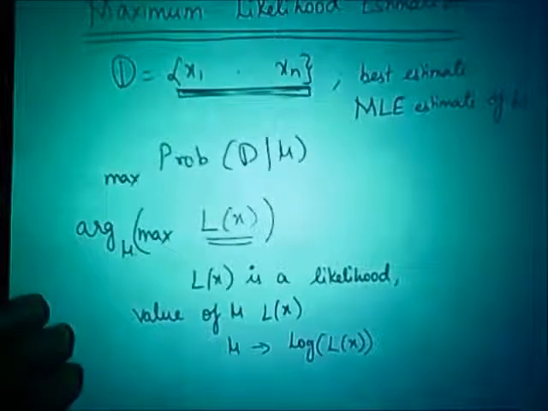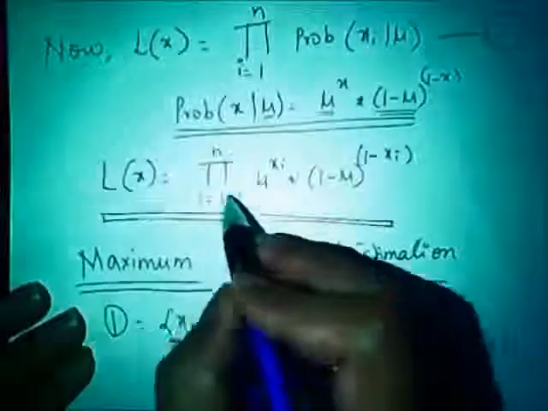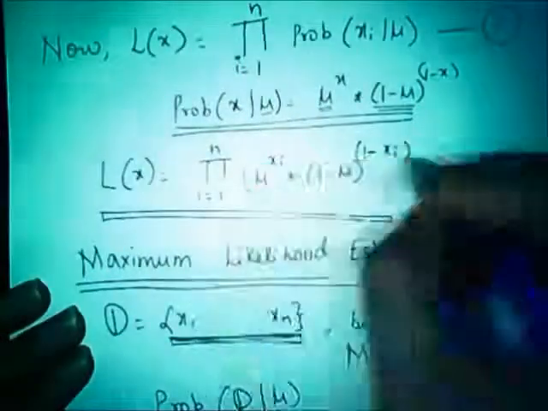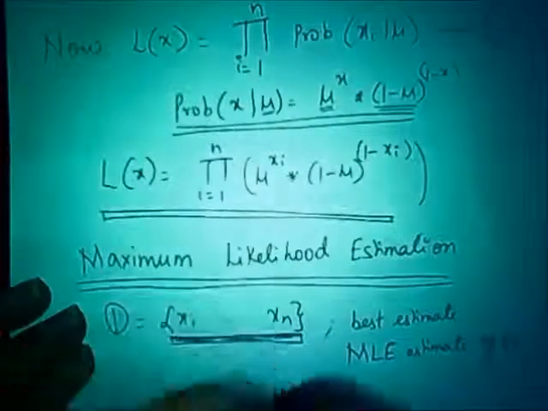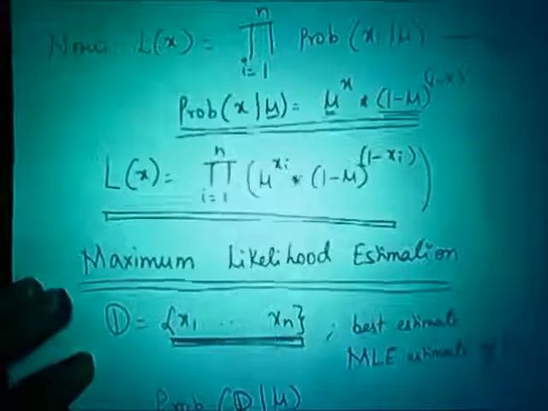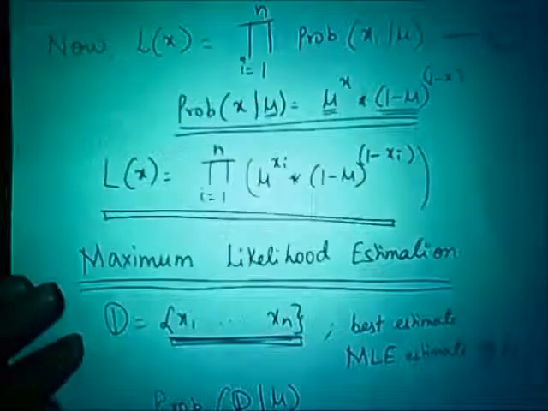So the advantage of working with logarithms is, here you can see that L of x is a product of many parts. So when you actually take the logarithm of L of x, you end up with a sum of a lot of parts. We are going to see how it is going to work now.